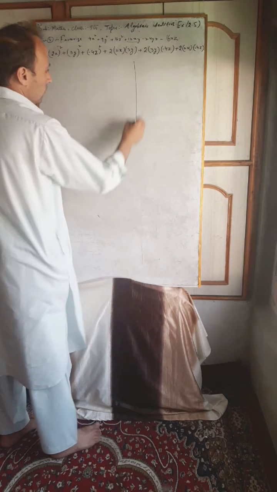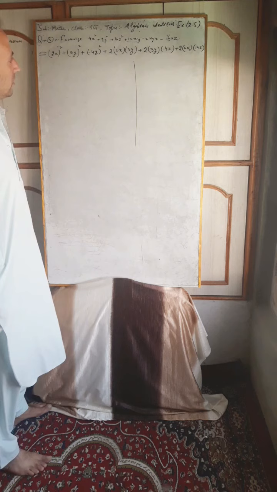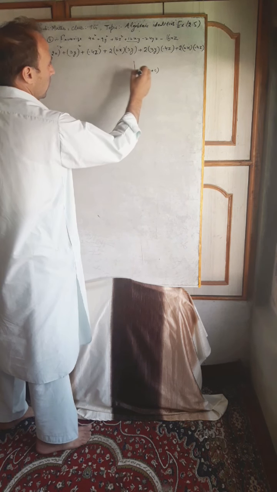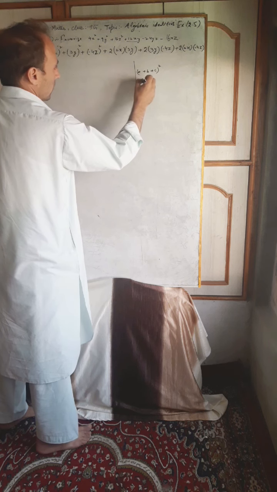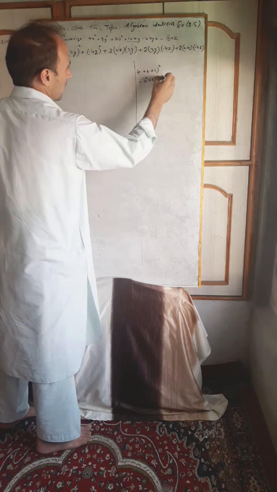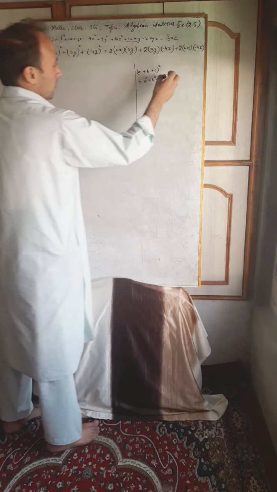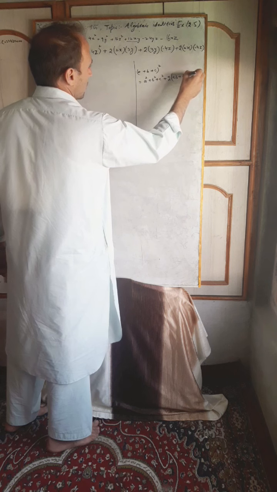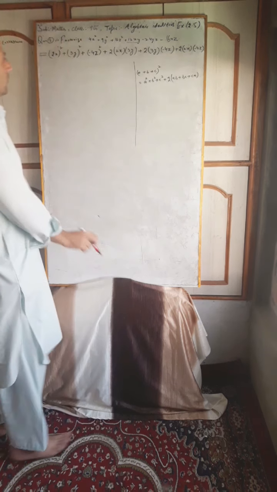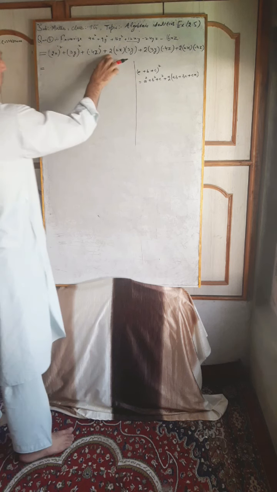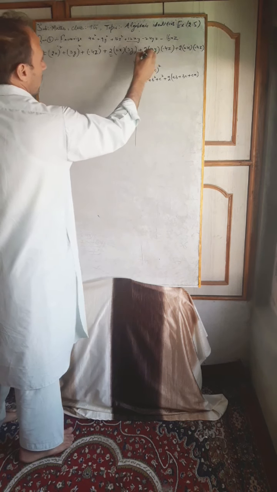Now we will be using the identity previously proved here, that is a plus b plus c whole square is equal to a square plus b square plus c square plus 2 into ab plus bc plus ca. Here we will simplify it a little bit further. 2 is to be taken common here.